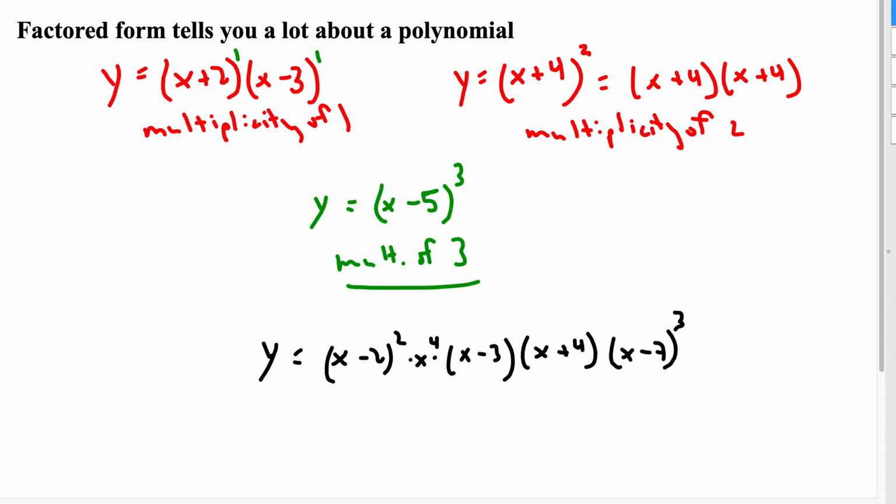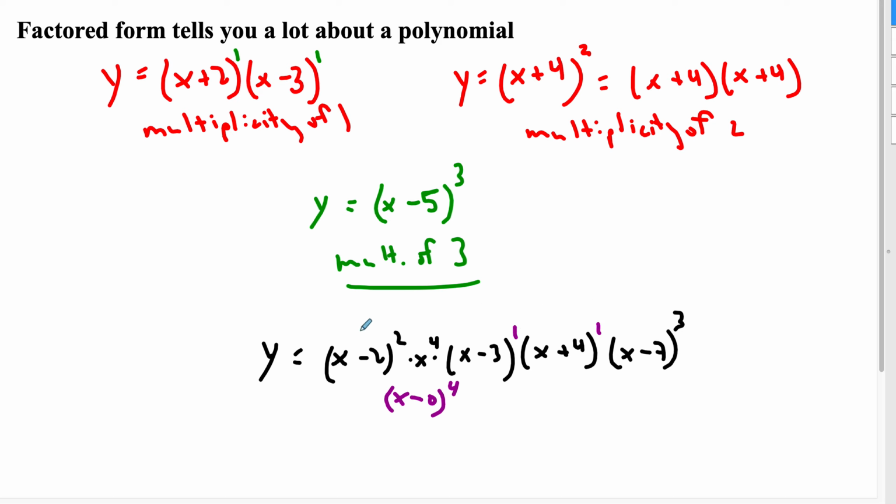In fact, a polynomial with a bunch of zeros. Remember, this x to the 4th is really the same as saying x minus 0 to the 4th, right? And there's a 3, and there's a -4, and there's a 7. But they all have different multiplicities. They're being repeated a different number of times. This one's twice, 4 times. Both of these are 1, and this is 3.